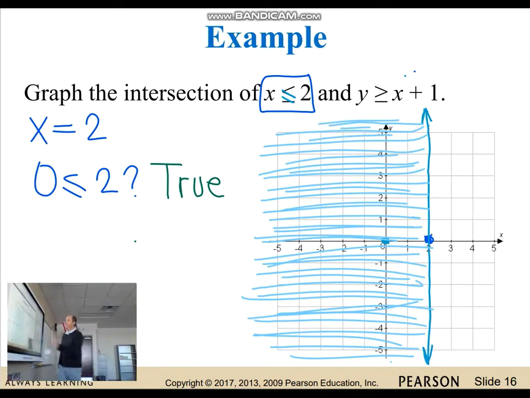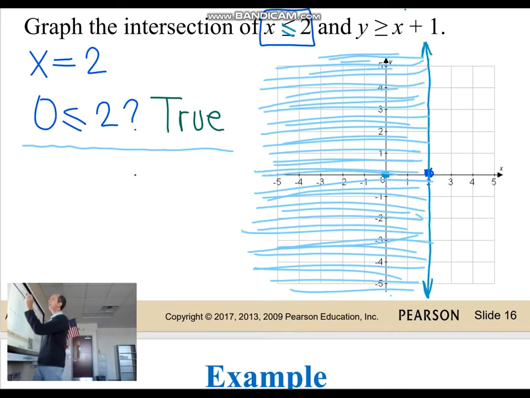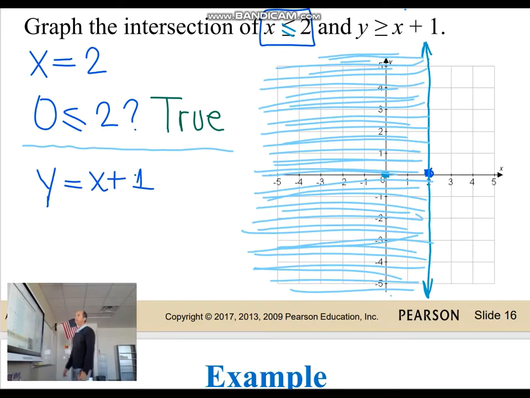Now let's go to the next inequality. The next inequality that we have here is y greater than or equal to x plus 1. The boundary is y equals x plus 1, right?